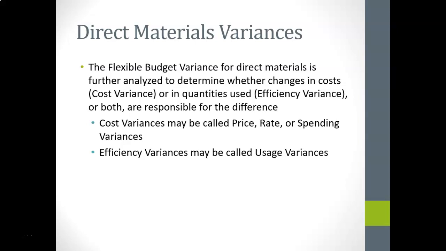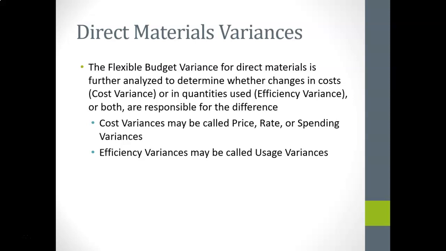Now, we have a bunch of different names. The book you use, or other resources, may use different names for the cost variance. I use the word cost variance for your assignments and for your exam problems.